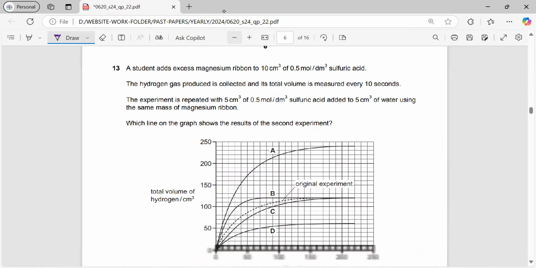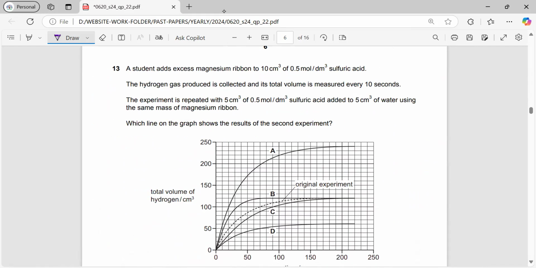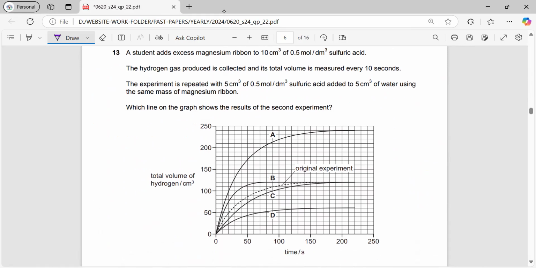A student adds excess magnesium ribbon to 10 cm³ of 0.5 mol/dm³ sulfuric acid. So a student is adding excess magnesium ribbon to 10 cm³, this is the volume, of 0.5 mol/dm³ sulfuric acid, that is the concentration.